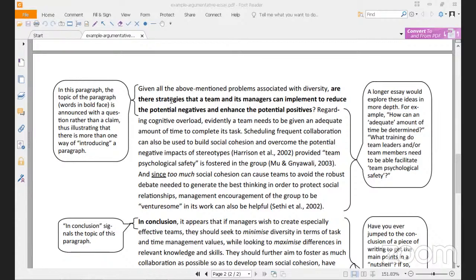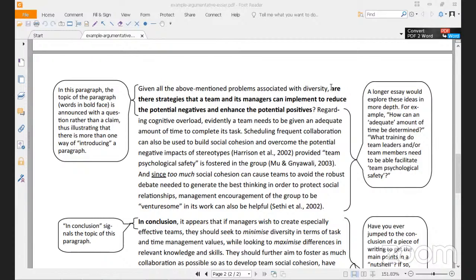Team psychological safety is first in the group, and since too much social cohesion can cause teams to avoid the robust debate needed to generate the best thinking in order to protect social relationships, management encouragement of the group to be venturesome in its work can also be helpful. We are using quotation marks, venturesome, okay?